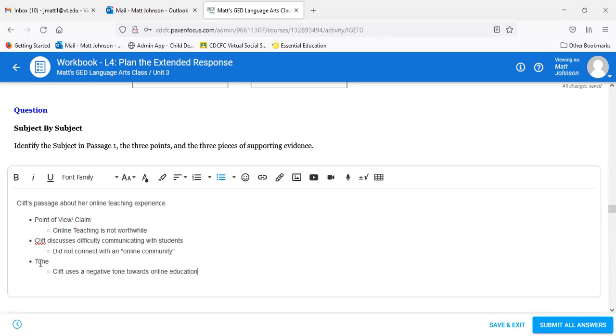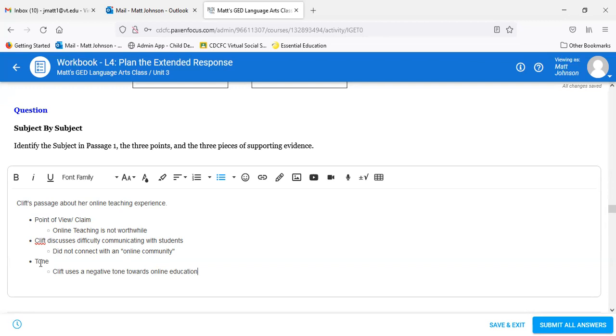So our subject is Cliff's passage and her overall experience teaching online. Her point of view was that online teaching is not worthwhile. For her second point, she uses difficulty communicating with students as a reason, and did not connect with an online community as evidence.